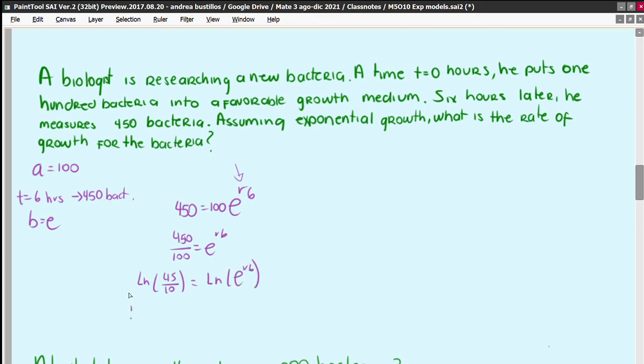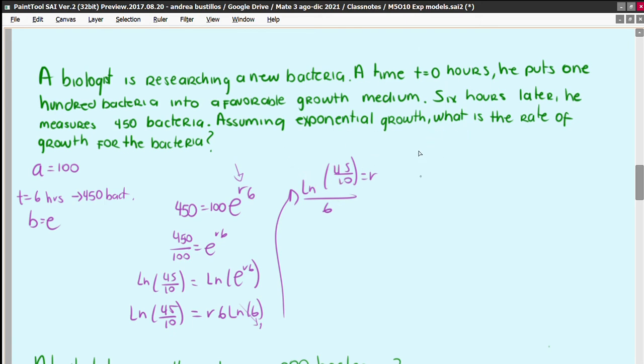I'm going to pull down the exponent. By now you already know this is 1, so this leaves me with ln of 45 over 10 equals r, and 6 passes dividing. So my rate of growth is this number.